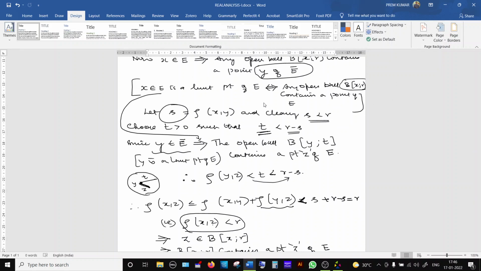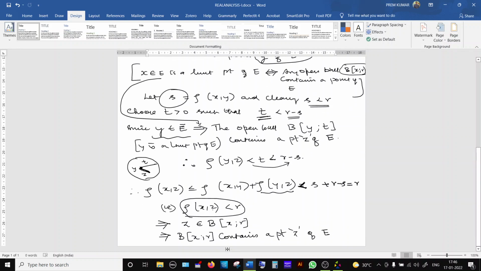This is an if and only if statement, both ways it is true. We have just now shown that any open ball of this type, B of X with center at X and radius R, contains a point of E. If this is satisfied, then the center point of that open ball is the limit point of E.